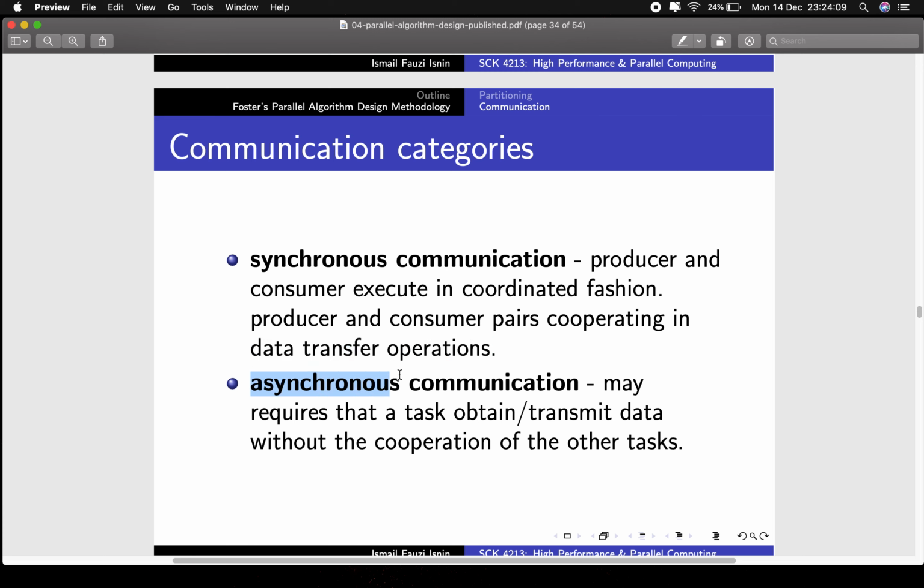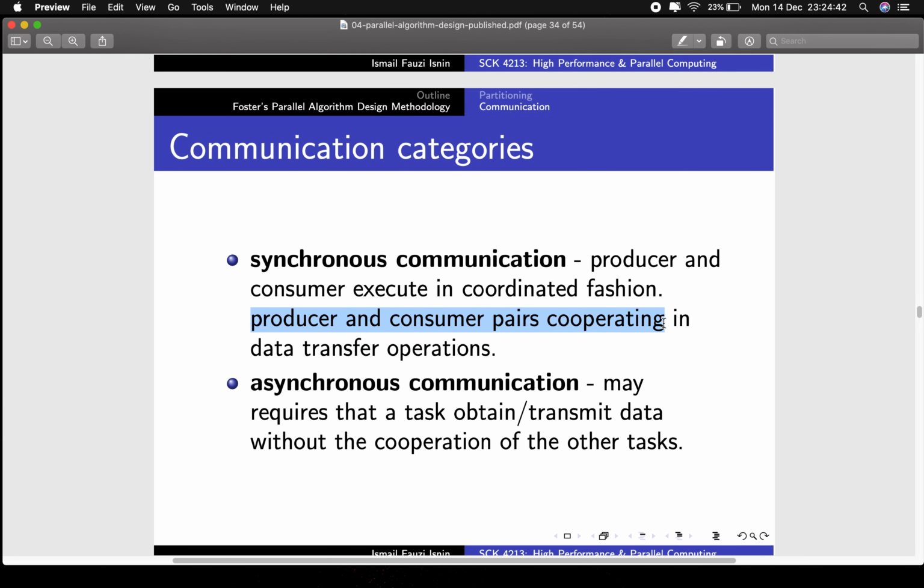And for unsynchronized, data may be required that tasks obtain and transmit data without the cooperation of other tasks. So this is the keyword, without cooperating with other tasks. And this one you can see is the producer and consumer pair cooperating with other tasks.